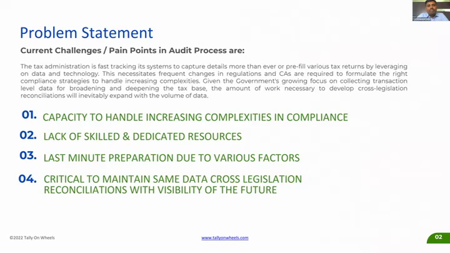And the challenge we face is sampling. We do not have either the skill set, the timelines or the bandwidth to do 100% verification of the transactions, because so many employees in the organization have done those transactions over the last one year, and the time period within which we audit cannot allow us to do 100% verification.